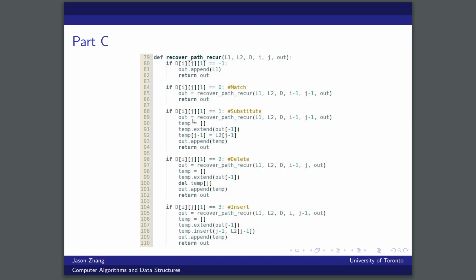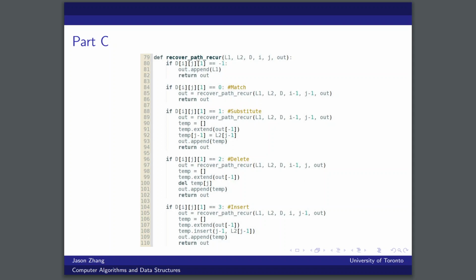and after we perform the recursive call, we have a temporary value, and this temp value will be equal to the transformation that is created through this operation. And this value of temp we will append to out. So out is the list of transformations that one must go through to get from L1 to L2.